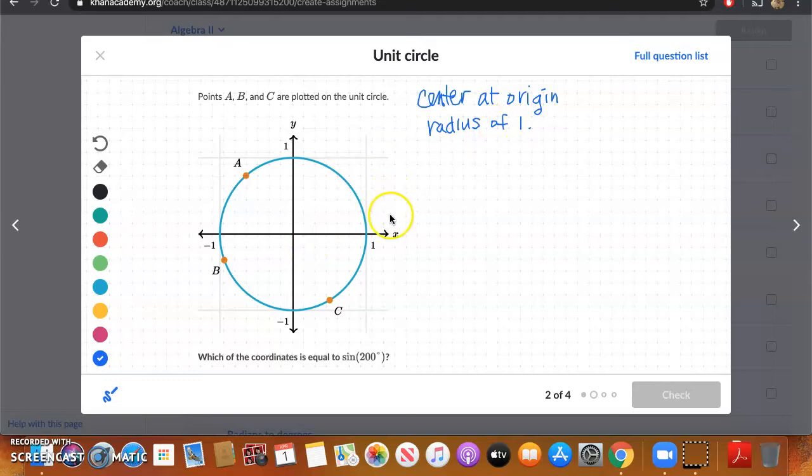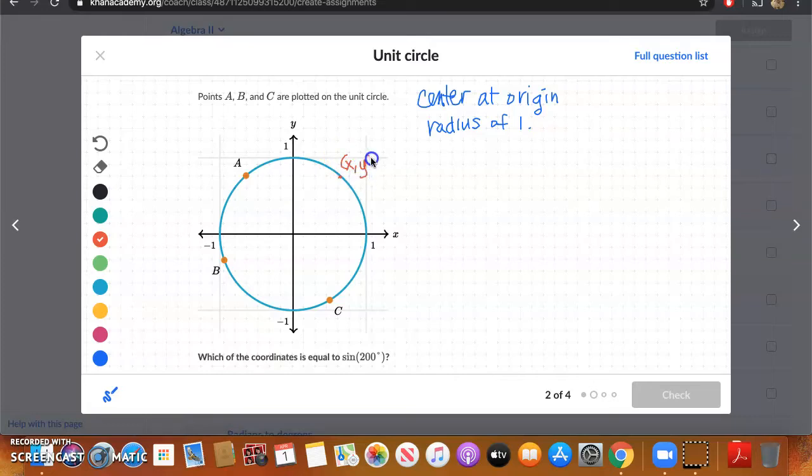All right? So they're asking, which of the coordinates is equal to sine of 200? Well, if you remember, for any point on the unit circle, it's going to have an x-coordinate and a y-coordinate.